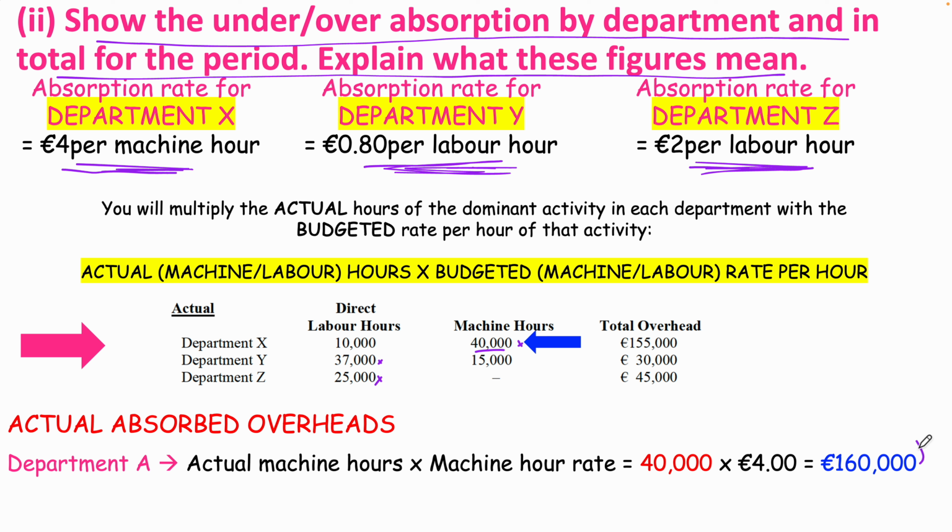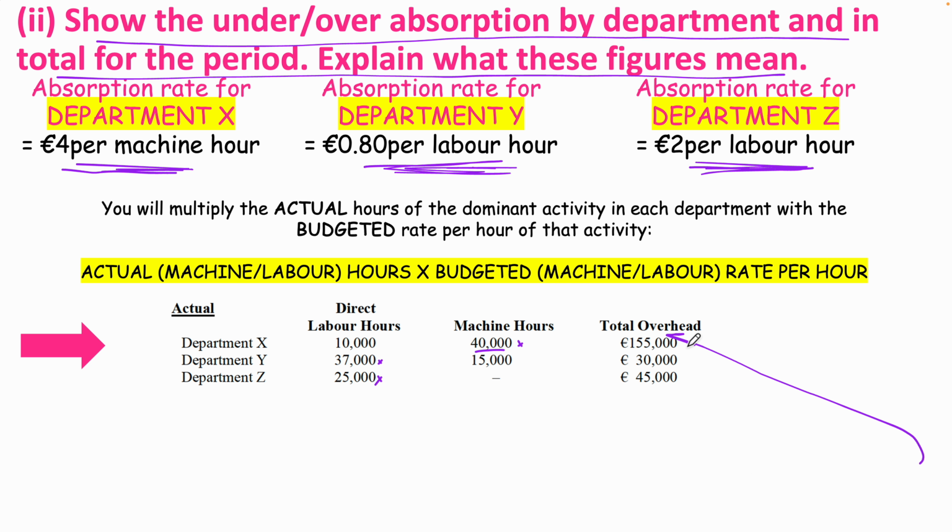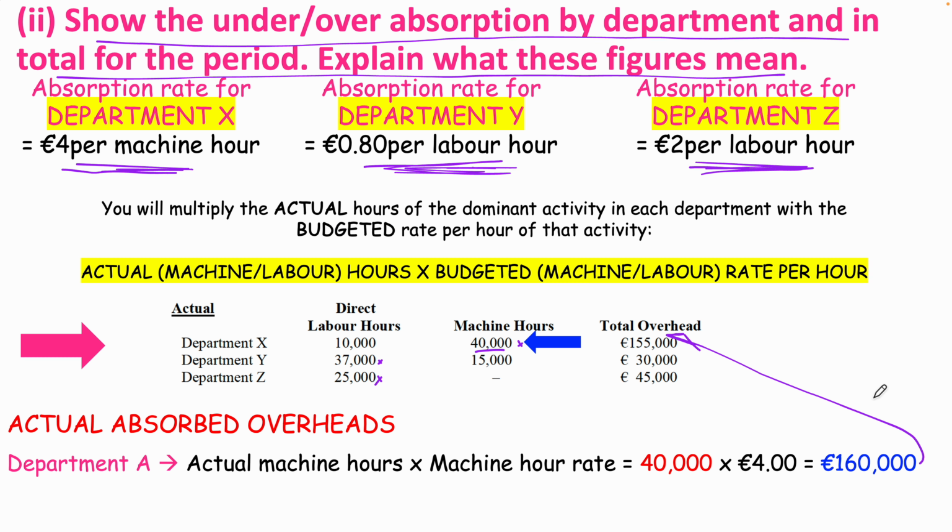Now, that 160 is what the management accountant thinks it should cost based on the actual hours, but the production manager actually got it in at 155. So that's really good. Okay, the next one is 37,000 hours.